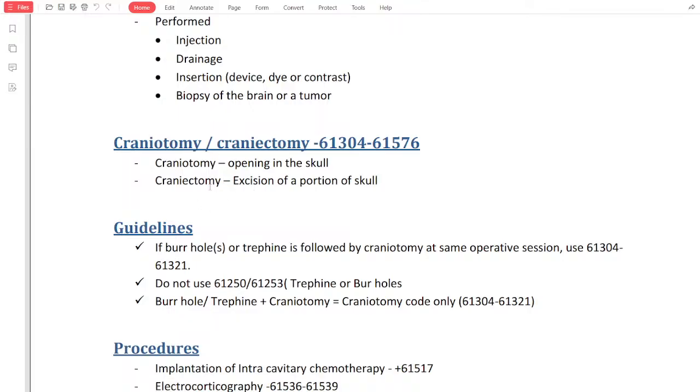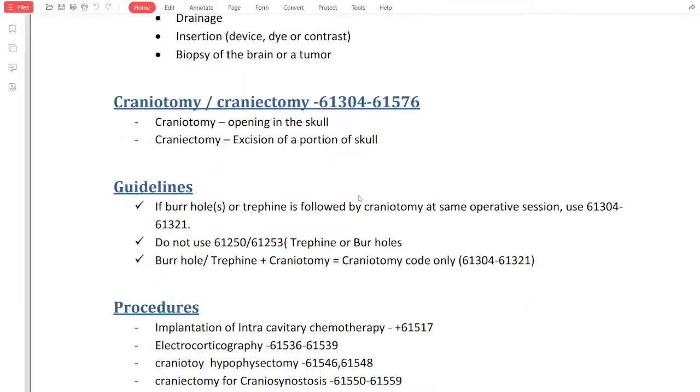In medical terminology, both craniotomy and craniectomy are similar terms. Craniectomy means removal or excision of a portion of the skull, and otomy means opening in the skull.